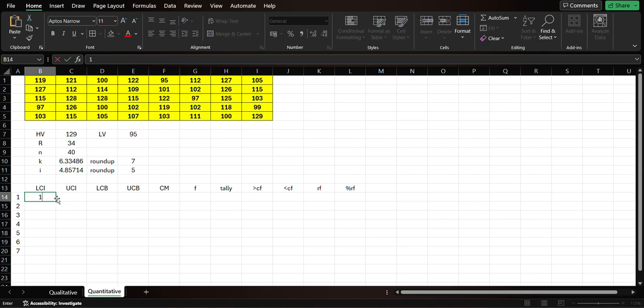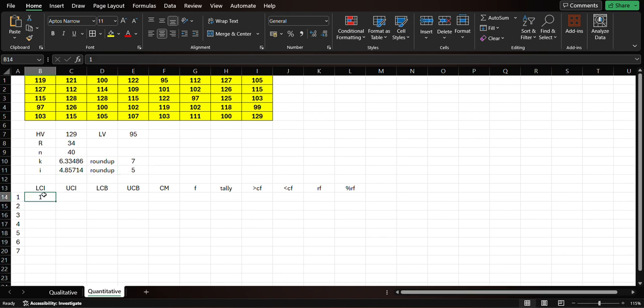the first number in the first group, let us say, for example, it would be 1. So if it would be 1, then what should be the upper? LCI would be the lower class interval, UCI is the upper class interval.